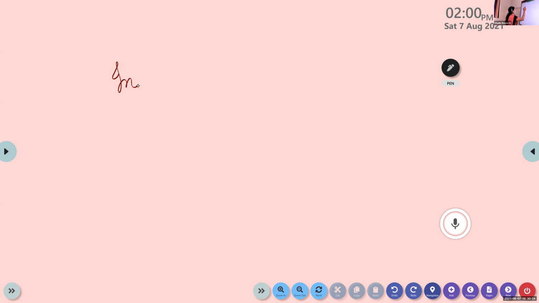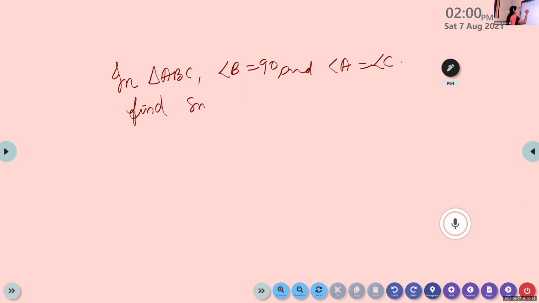In triangle ABC, angle B is 90 and angle A is equal to angle C. Find sine C. What is your answer? 1 by root 2.